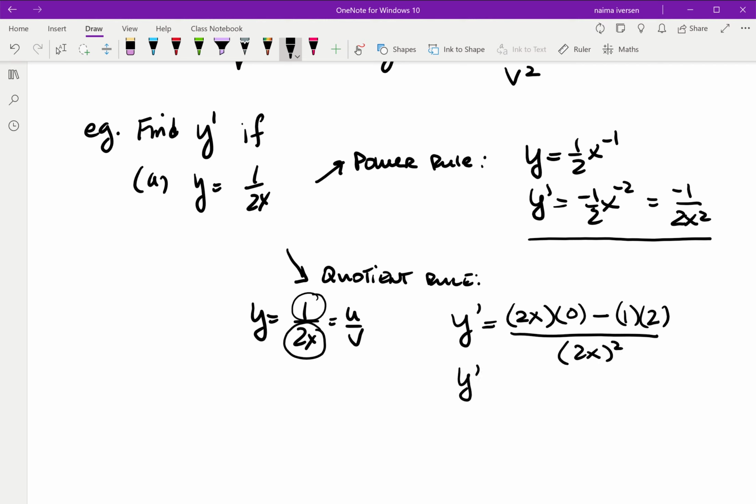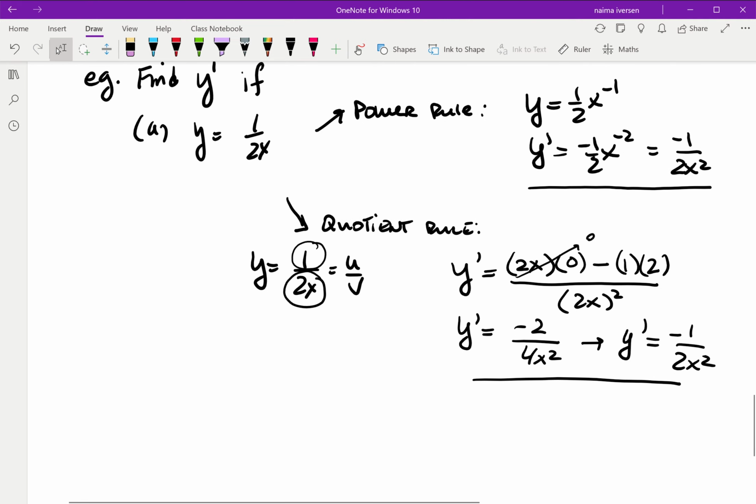So let's simplify that. On the top, 2x times 0 is going to be 0, minus 2, I'm going to get negative 2. 2x all squared is going to be 4x squared, and when I simplify that, I'm going to get y prime is equal to negative 1 over 2x squared. Same answer.